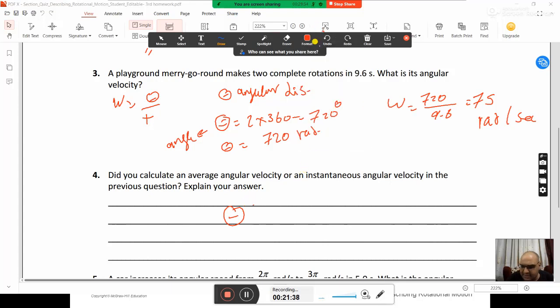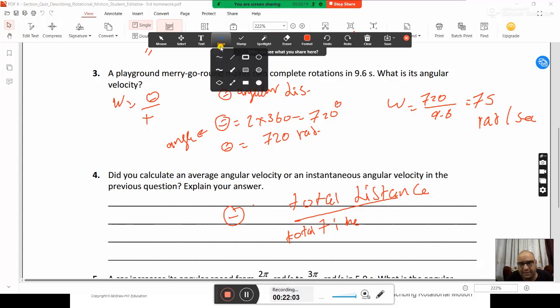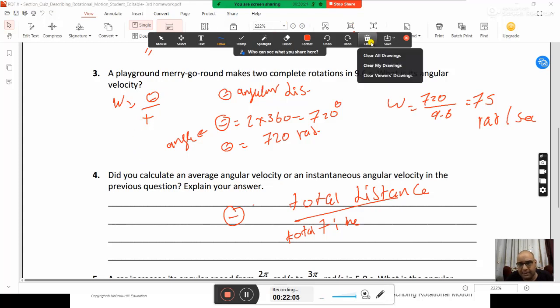So total displacement over total time is called average. So we found in the previous example an average velocity.